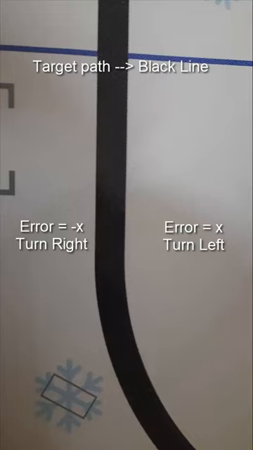So the robot has two sensors which lie on either side of the line. When the robot sees entirely white, it knows the line is in between, and so it can go straight. But as soon as one of the sensors detects a fall in its value, that means it has detected black.